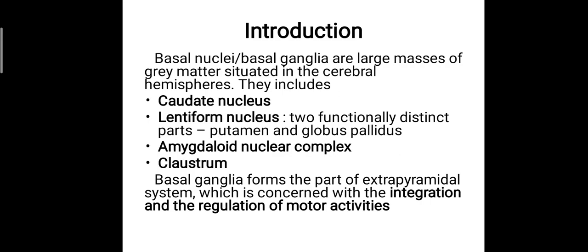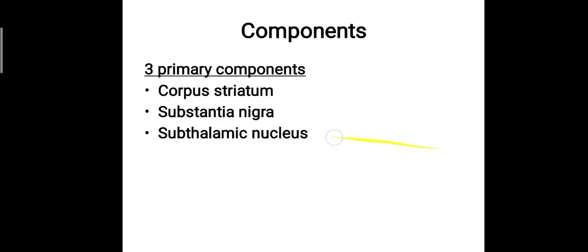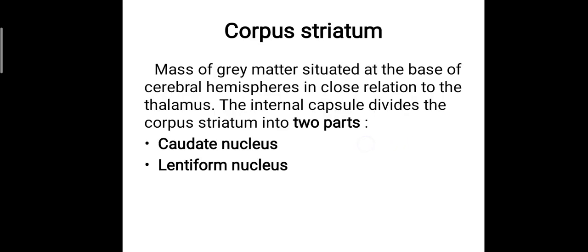The basal ganglia form a part of the extrapyramidal system, which is concerned with the integration and regulation of motor activities. The basal ganglia have three primary components: the corpus striatum, substantia nigra, and the subthalamic nucleus.